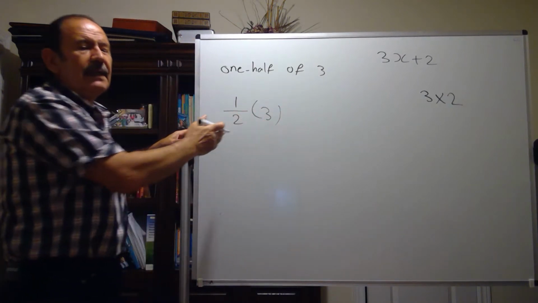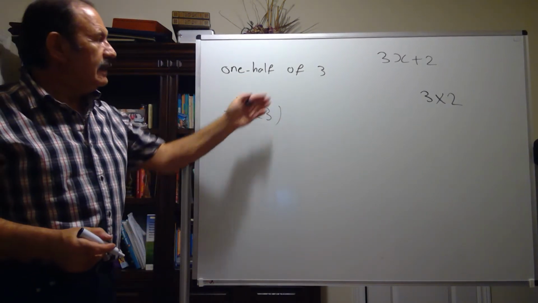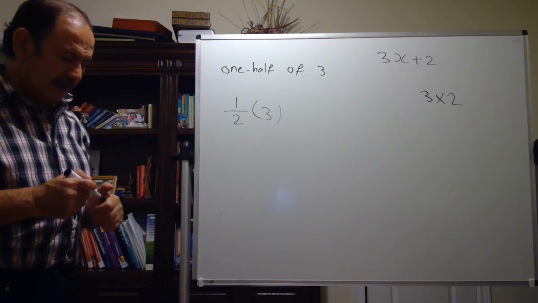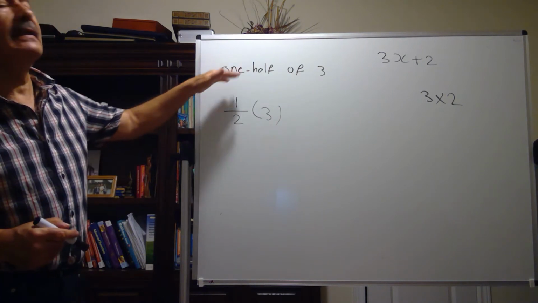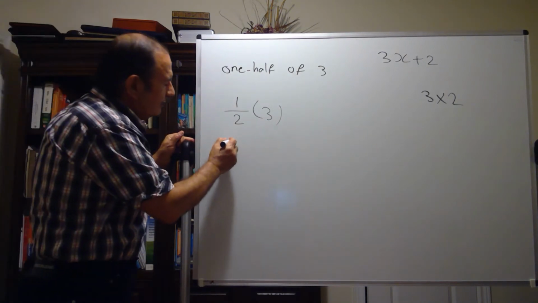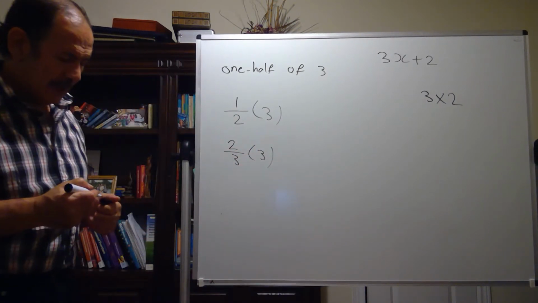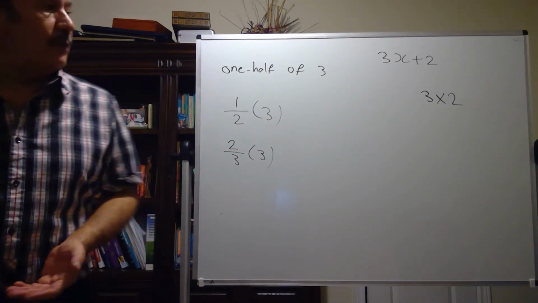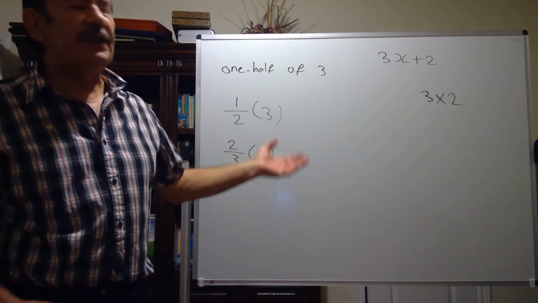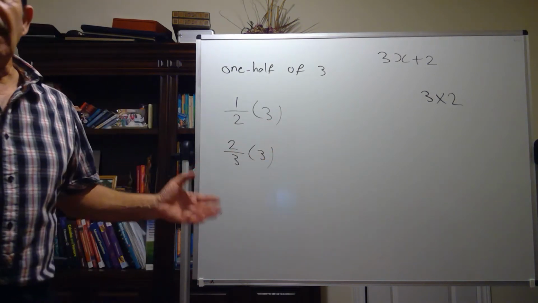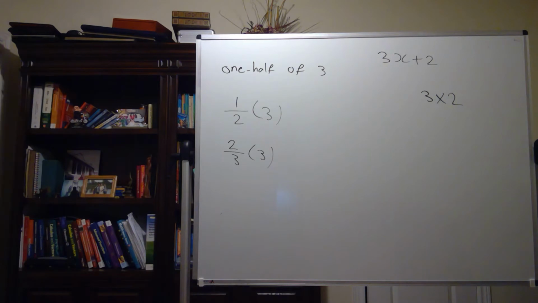Can you see? Again it is multiplication. This "of" means multiplication. Or 2/3 of 3 is going to be 2/3 times 3. Again, "of" goes to multiplication, times, 3 multiplied by 2. All of these are for multiplication.